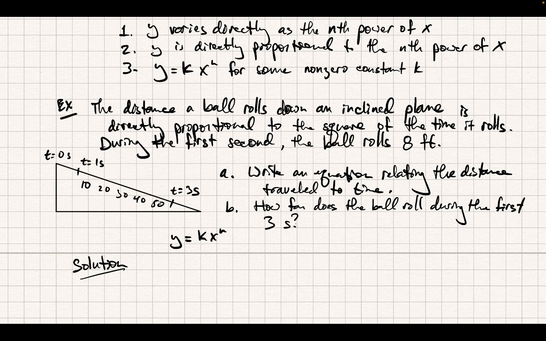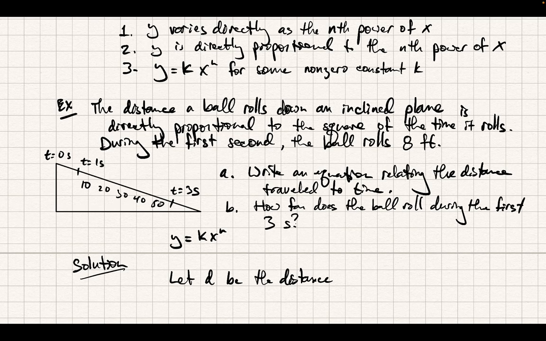What do we have so far? Well, is d the y? Yeah, d is y. So let d be the distance. Would you just do 8 times 3? No, because it's not directly proportional to time, it's directly proportional to a power.